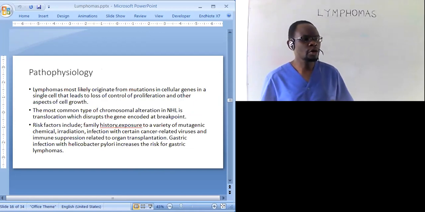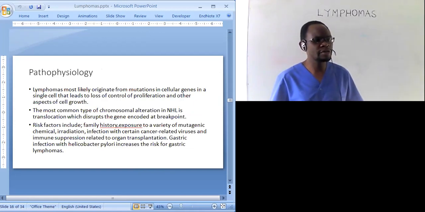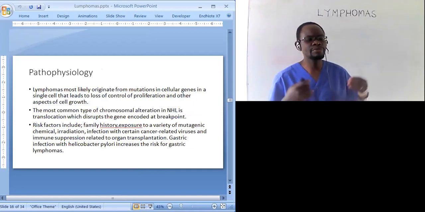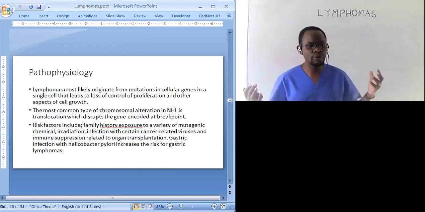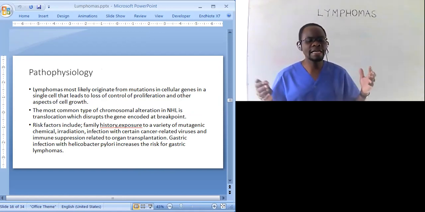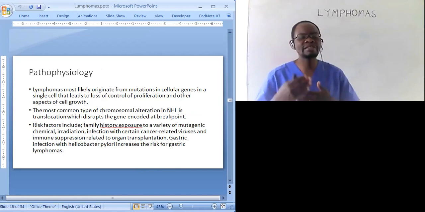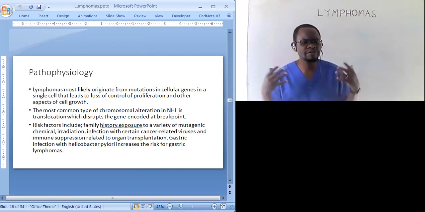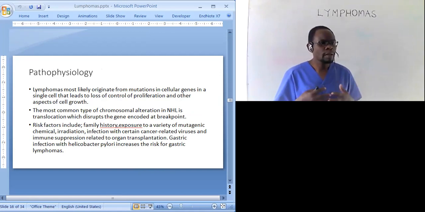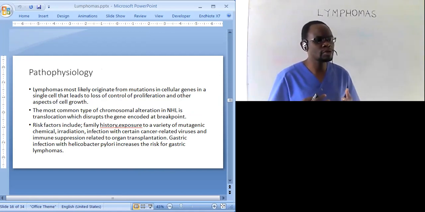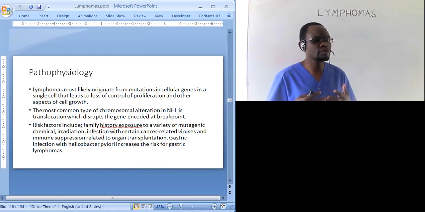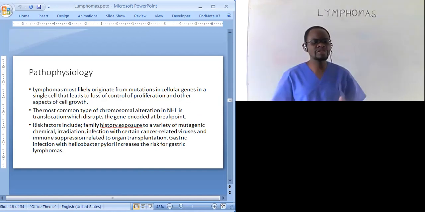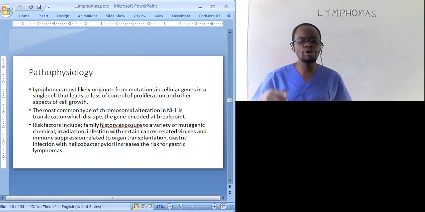So non-Hodgkin's lymphomas most likely originate as a mutation, just like Hodgkin's. And these mutations come up as a result of the different risk factors we saw earlier. The most common is an alteration, a translocation in the normal chromosomes.